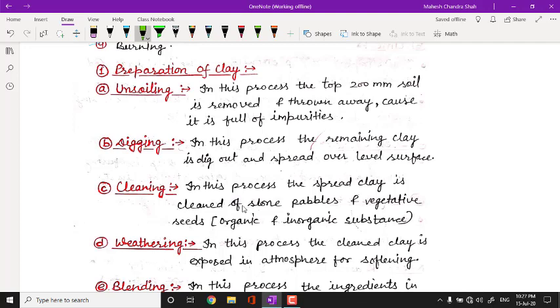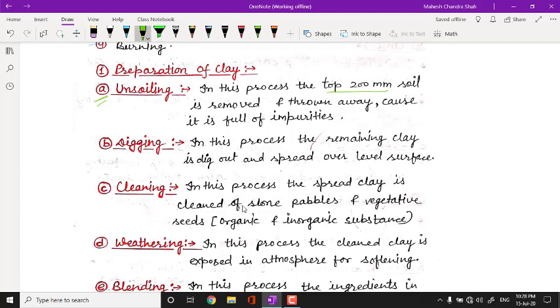The first one is unsoiling. Basically we have to extract the raw material, that is clay, from the earth for preparation of clay brick. In this process the top 200 mm soil is removed because it contains impurities like organic and inorganic, and is thrown away because it is full of impurities.